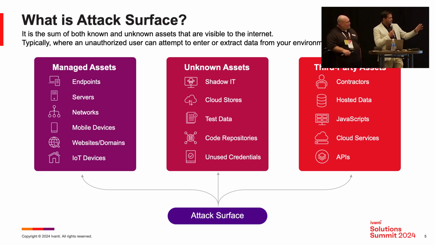The one in the middle is the main concern. These are unknown assets: your shadow IT, your cloud stores, test data, your code repositories, and unused credentials that can be easily used as an entry point for the attacker. So all these three combined together build your attack surface. And like I said, the external ones are the ones that are exposed. We'll talk about that in a minute.